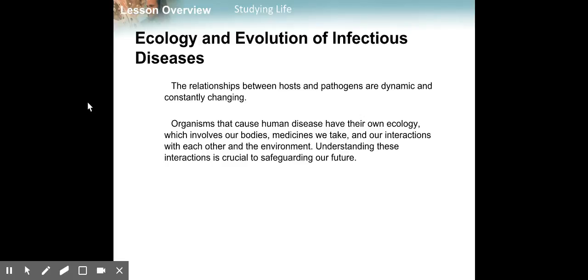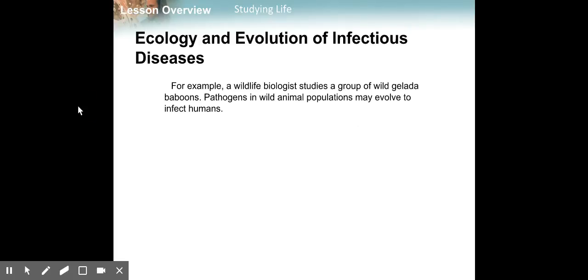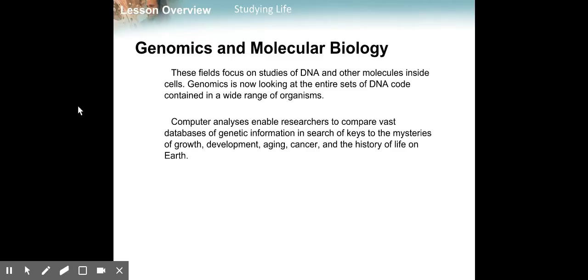But understanding how diseases work within the human population, the interactions with the environment, the medicines we take, it's kind of an interesting field. For example, studying pathogens in wild baboons that might affect humans.